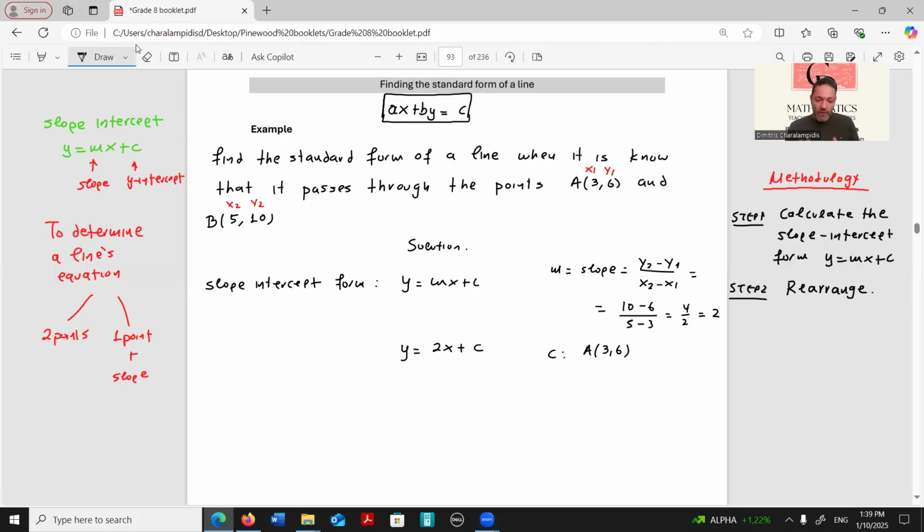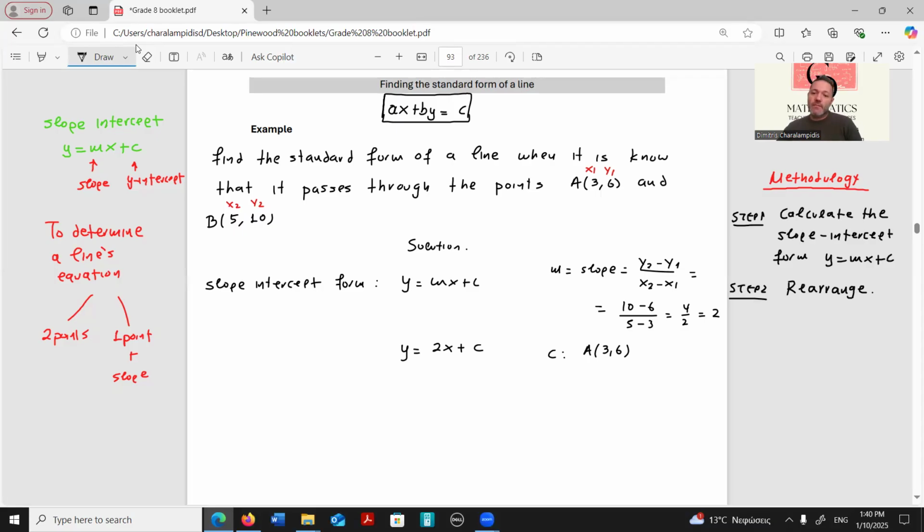Which means that if I properly use the coordinates of the point, in this case 3 and 6, and substitute them in places of x and y respectively, 3 is the x coordinate, so I should substitute it instead of x. 6 is the y coordinate, so I should substitute it in terms of y. What will come up will be a valid statement.